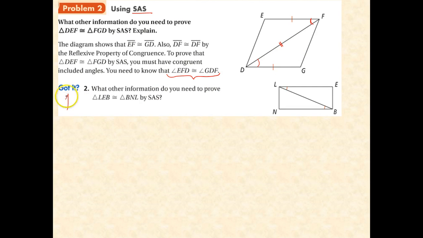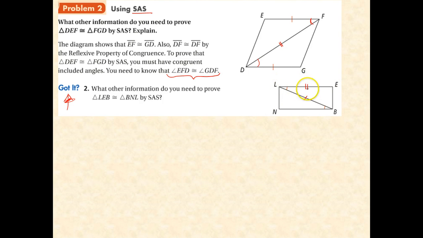So let's see if you got it. What other information would you need besides what's given to prove that triangle LEB is congruent to triangle BNL by side angle side? Well, the reflexive property tells me that segment LB is congruent to itself. And if angle BLE is going to be my included angle, then my other side needs to be segment LE.